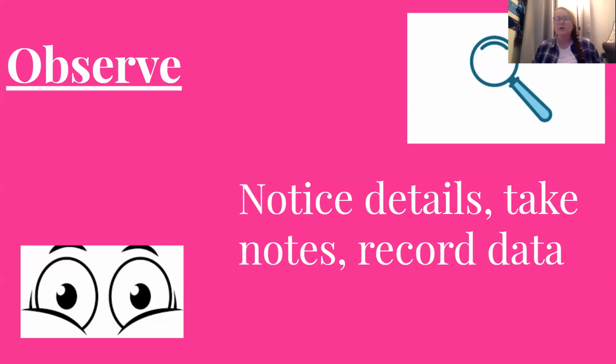All throughout science this year, no matter if you're in 2nd, 3rd, 4th, or 5th grade, we are going to be noticing details, taking notes, and recording data. This is what scientists do no matter what they're observing, whether it's the weather, plants growing, an experiment they're doing, anything. So this is what you're going to do to help with your observation skills.